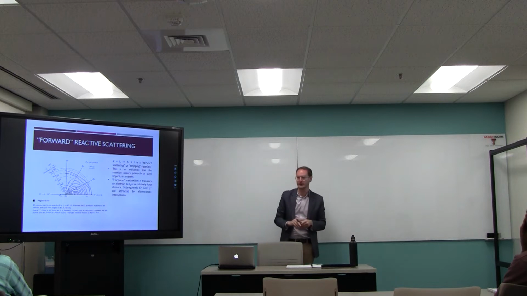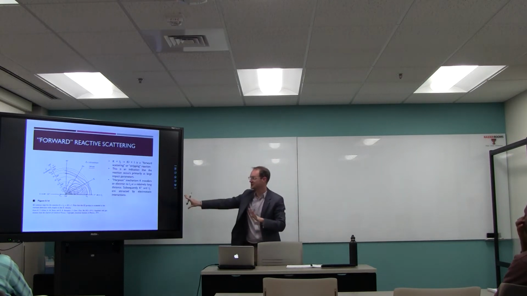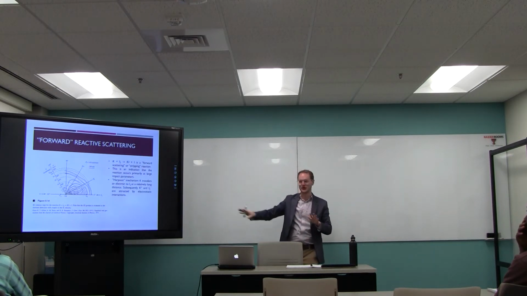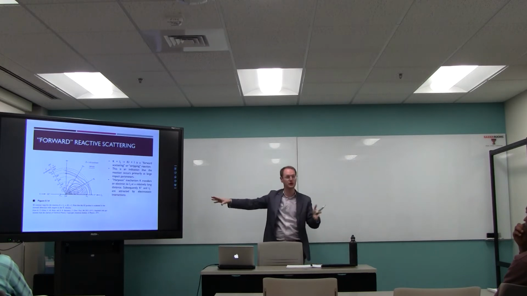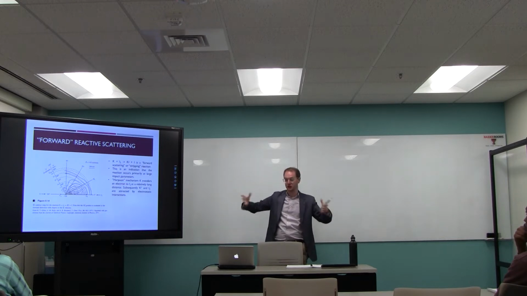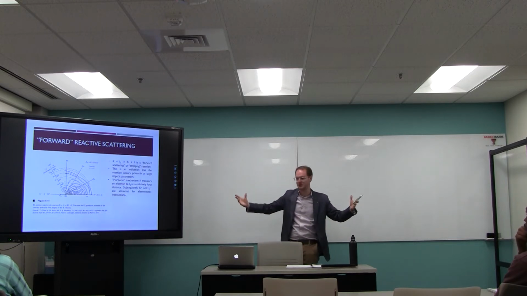That's why it's called harpooning. Okay, any questions about that? Okay, so different reaction mechanism leads to different scattering distribution, so you can already see how this type of information is really interesting and useful for learning about how the reaction happens.